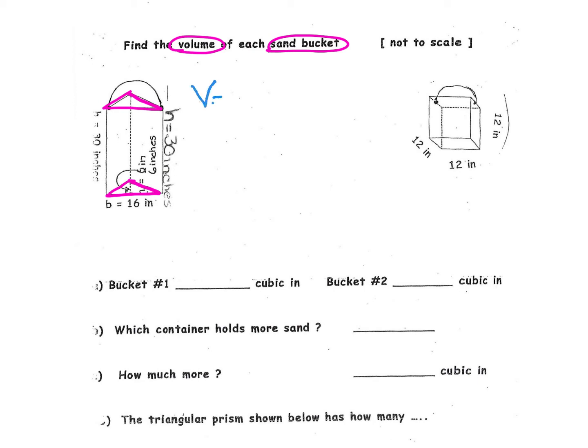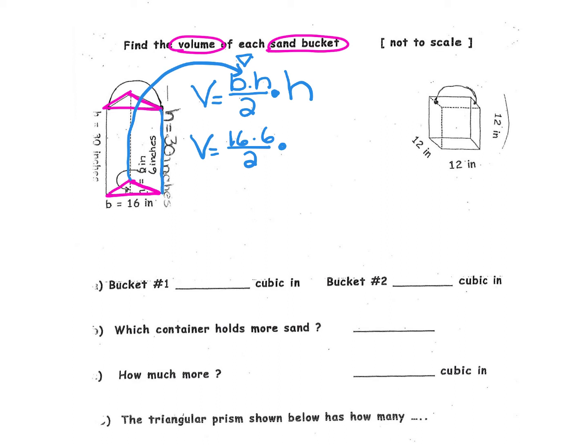It is volume equals base times height divided by 2 times the overall height of the bucket. Remember, the information from the triangle, the 6 and the 16, are substituted here. 16 times 6 divided by 2, and then the overall height of the bucket is 30 inches.